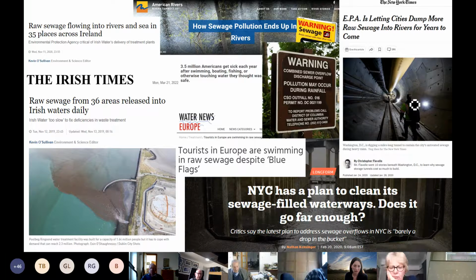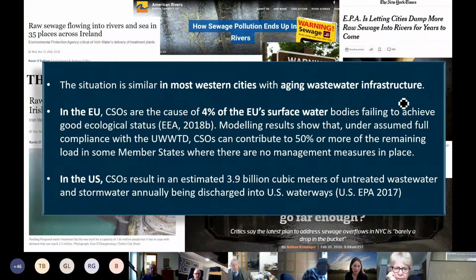In Europe, the situation is similar. For example, 4% of EU surface waters are failing to reach good ecological status, because of CSOs, as we heard earlier. In the US, 3.9 billion cubic meters of untreated wastewater enter American waterways just because of CSOs. So this is a typical problem that is quite systemic. We are facing it across the developed world, and it has attracted discussion about what we can do about this.